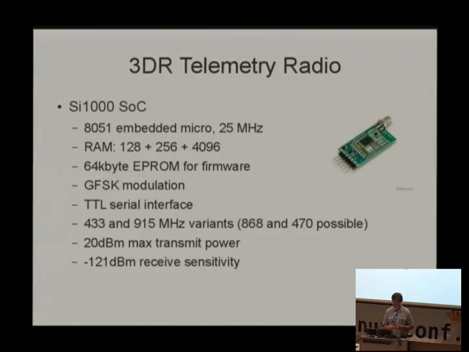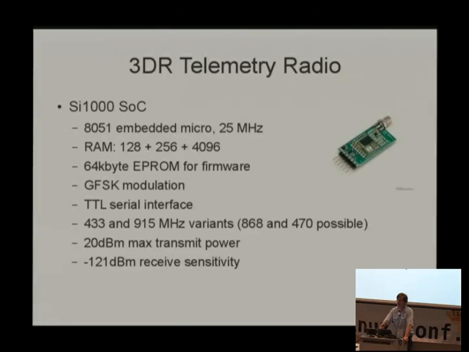The base chip, the SI1000 system on a chip, is available in 4 variants: 433 megahertz, 470 megahertz, 868 and 915 megahertz. For our particular use in Australia, 915 megahertz was the most useful, because in Australia, in the ISM bands in 915 to 928 megahertz, you can transmit up to 30 dBm EIRP, so 1 watt basically you can put out.